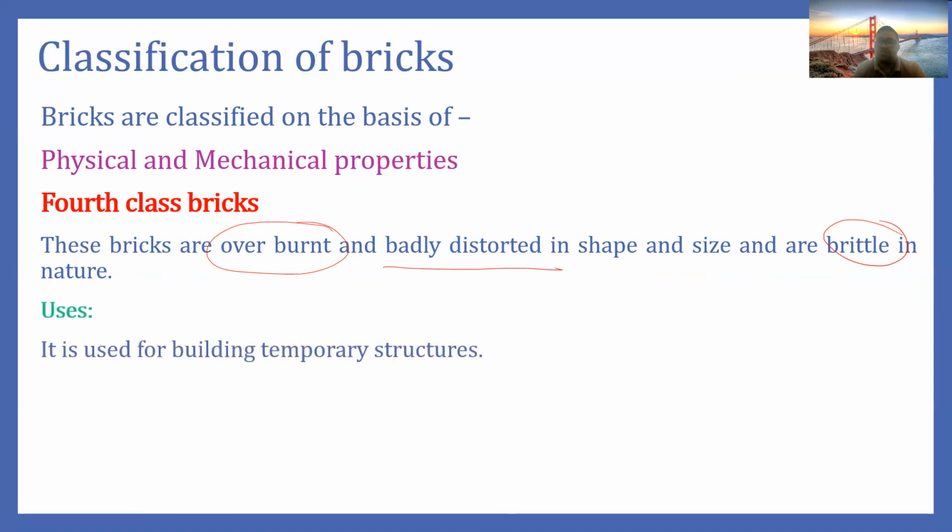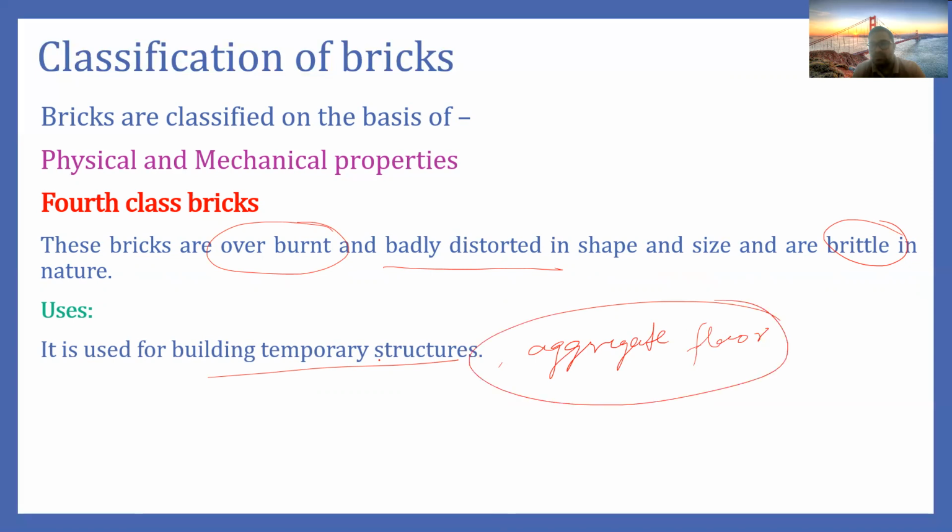So where can we use them? Yes, we can use them again in building temporary structures, and also as an aggregate for flooring. So in floor construction, we can use crushed bricks in the flooring. So we can use them as an aggregate also.